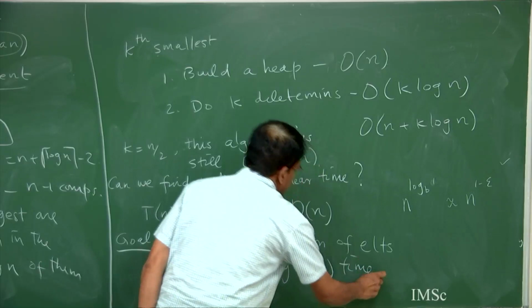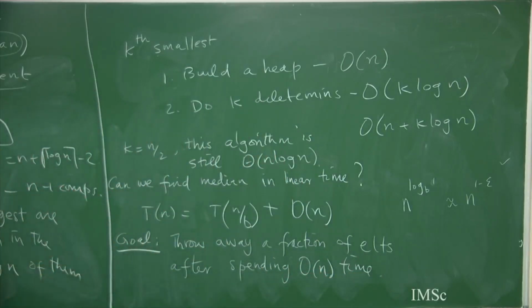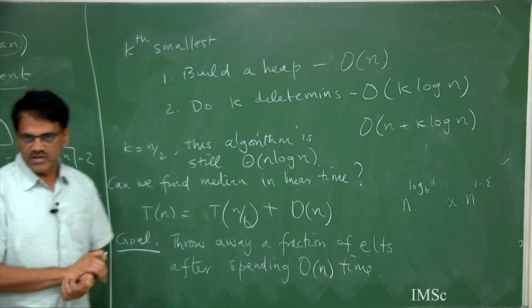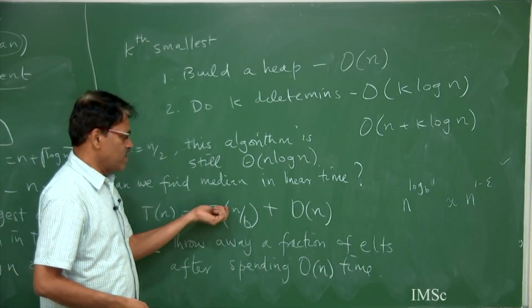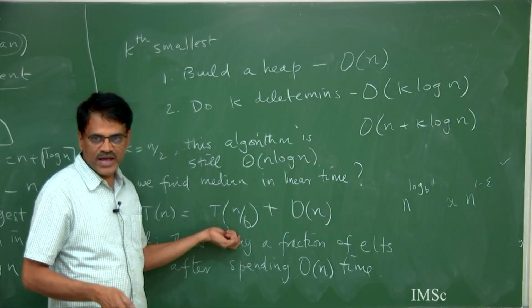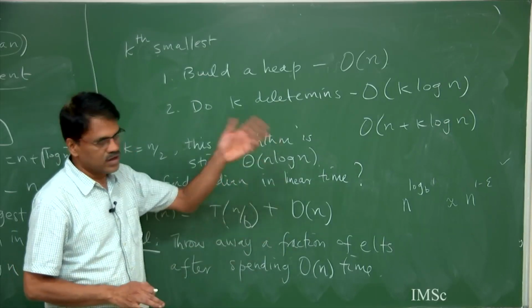Ideally, I want to find the median in linear time, but if you do some preprocessing and in linear time manage to throw away some fraction of elements, you will have a recurrence relation. Let us say I throw away 1/10 of the elements, then it will be order n plus T of 9n by 10. So, b would be 10 by 9, and I am fine.